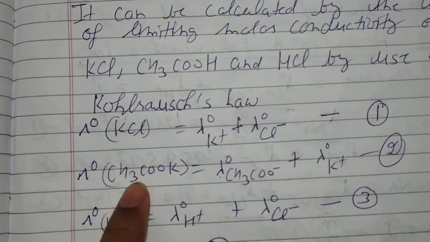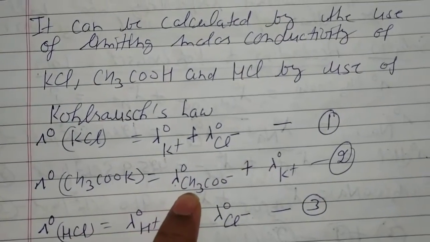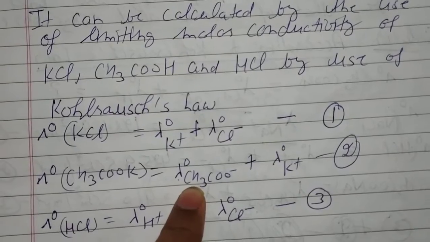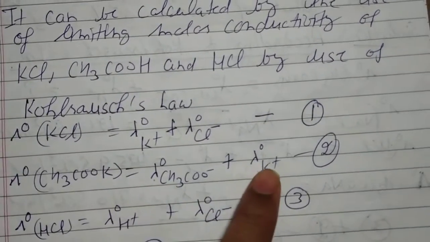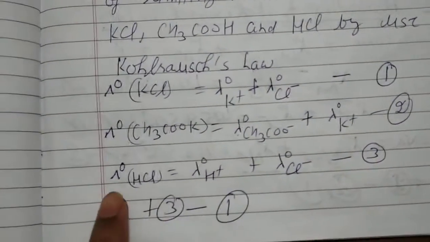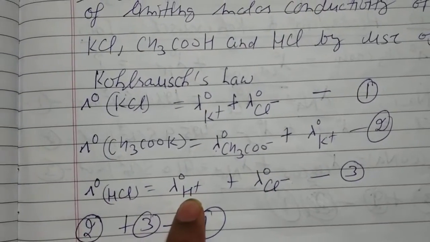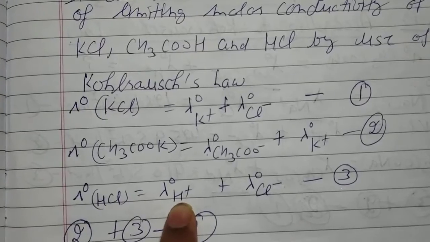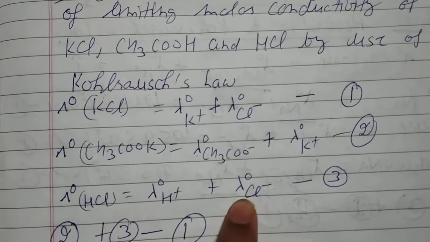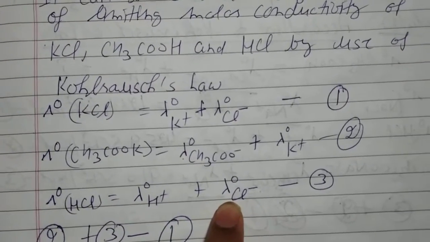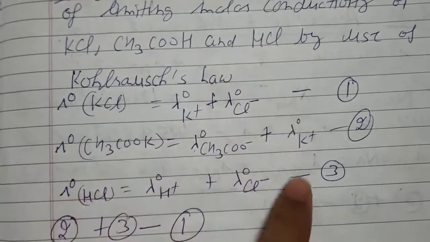Similarly, the limiting molar conductivity of CH3COOK is equal to the ionic conductivity of CH3COO negative and the limiting ionic conductivity of K positive. For HCl, the limiting molar conductivity is equal to the limiting cationic conductivity of H positive and the limiting ionic conductivity of Cl negative. So we have 3 equations: 1, 2, 3.